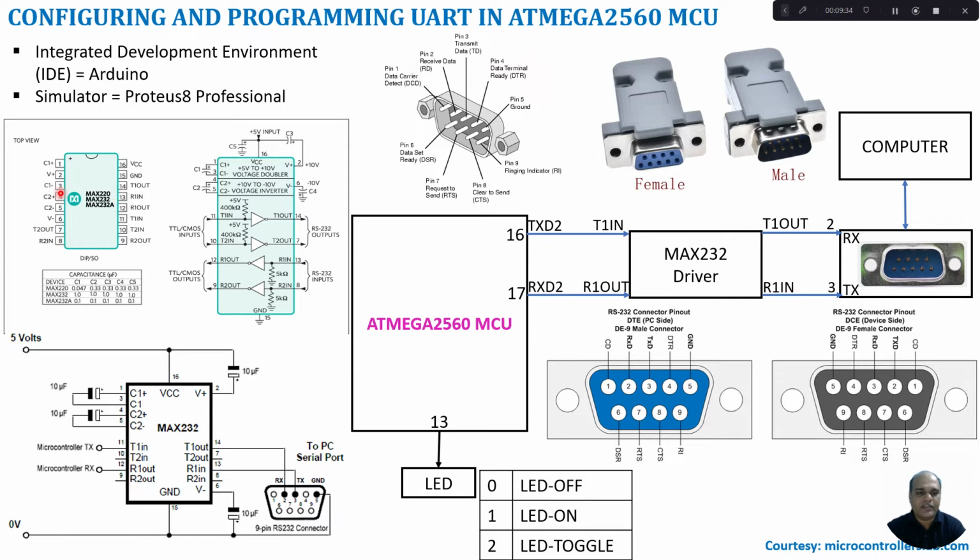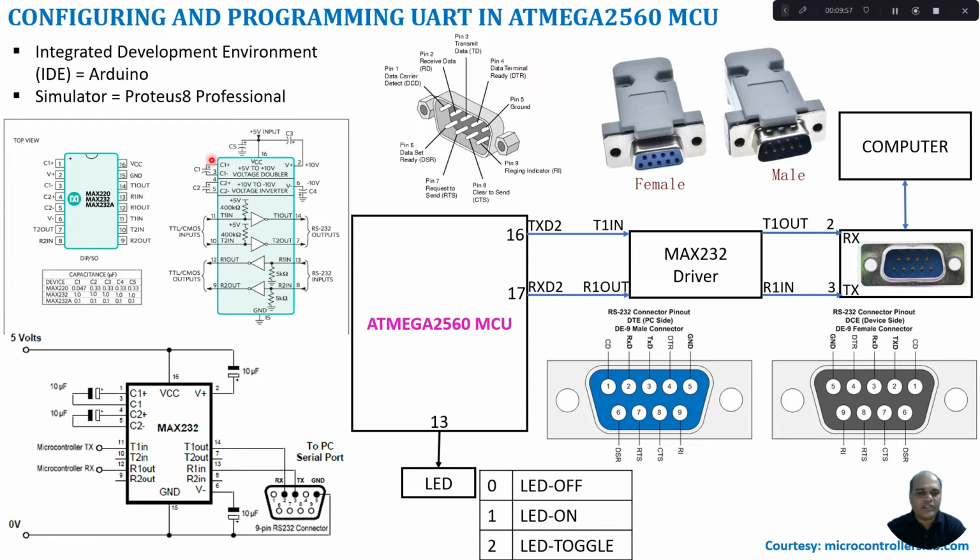If you look at this, you have a voltage doubler circuit in the IC. Voltage doubler in the sense that from 5 volt it can be doubled to 10 volt. In the same way there is also a voltage inverter which can convert from plus 10 volt to minus 10 volt and minus 10 volt to plus 10 volt, vice versa.